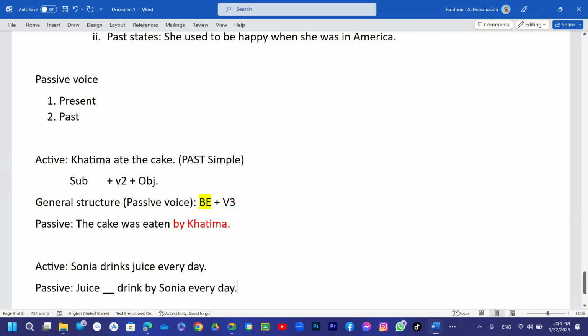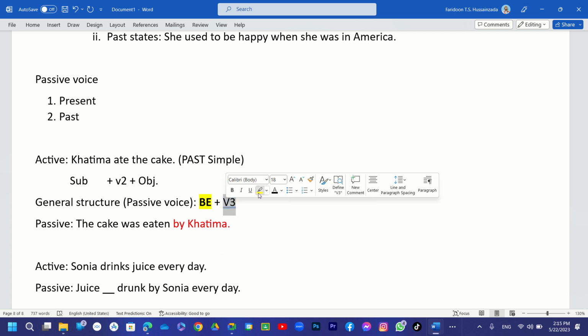Okay. First of all, we have to use what verb form? So what is the third form of drink? Very good. And we also need what? So how can we add that?